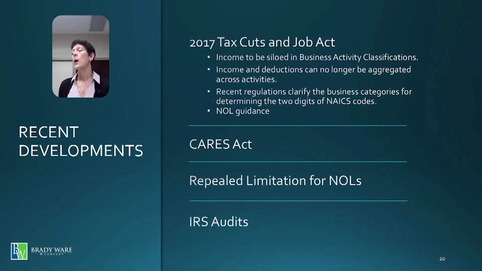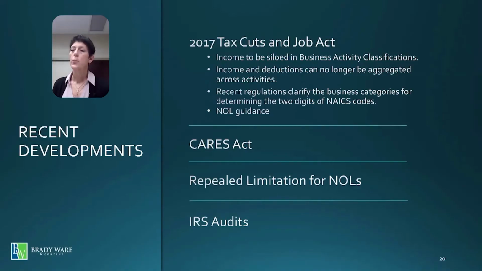So if you have income and you've got an NOL large enough to zero out that income, you will not pay tax instead of having that limitation of the 80%.